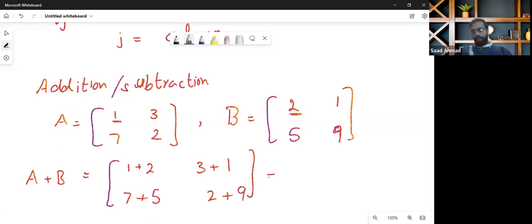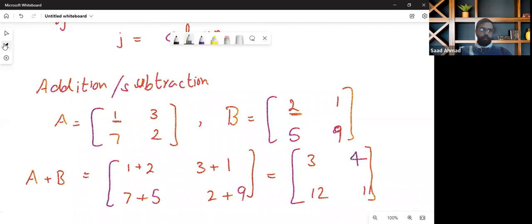Then you combine the numbers. So 1 plus 2 is 3, and so on. Okay, so this is our addition of matrices.